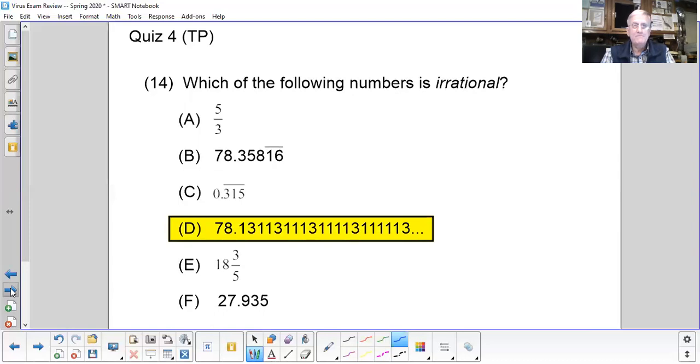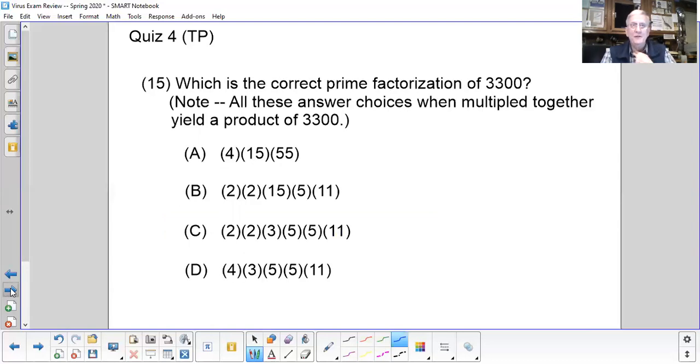All right. We're halfway there with this question. Which is the correct prime factorization for 3300? Now, you don't actually have to work this out to figure it out. Look at the 4 answers that are there. Are any of those 4 answers showing numbers in them that are not prime?